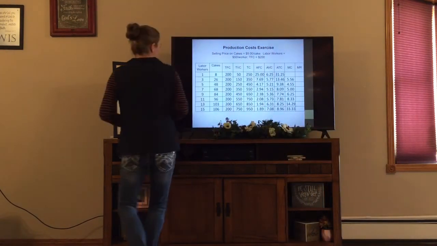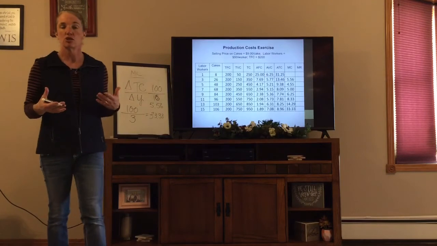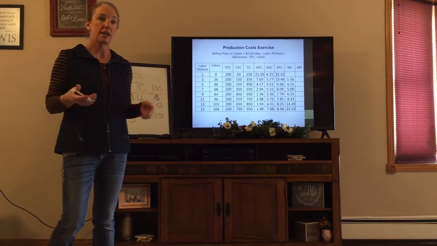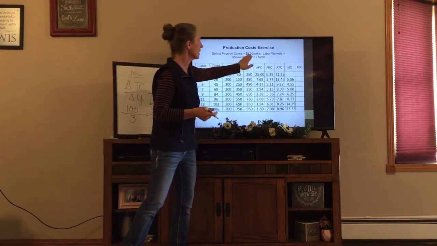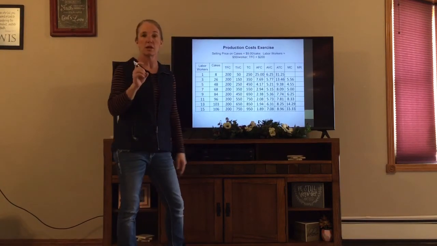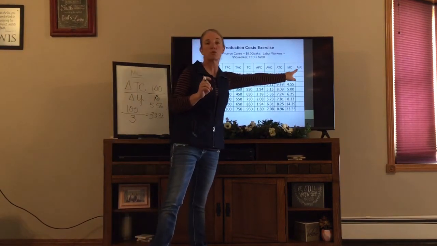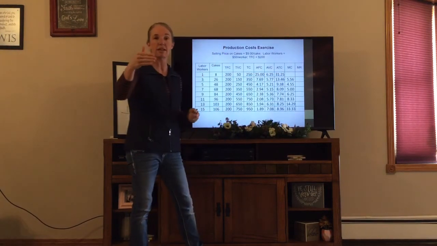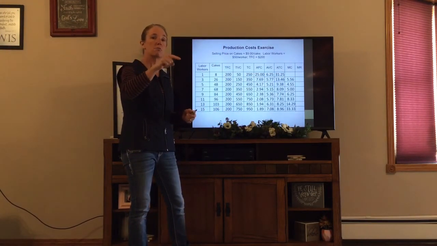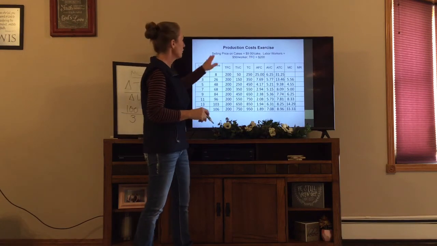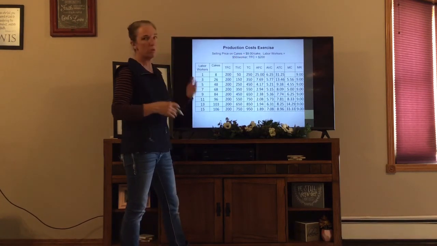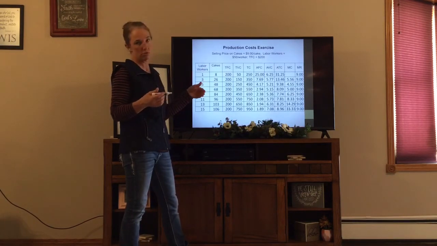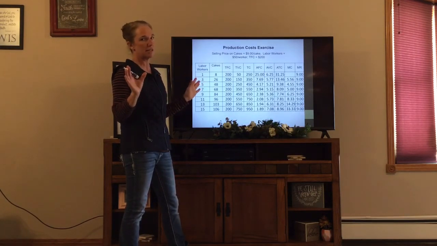Okay. Now, in the first time that I ask you to do this, I also go ahead and have you use a marginal revenue or a selling price on the cakes of $9. So that selling price on our cakes is our marginal revenue, because our marginal revenue is the added revenue we get by producing one more unit of output. Well, if I produce one more cake, I get $9 more. So that means marginal revenue all the way down that column is $9. Okay, it's always $9, no matter how many cakes I sell.